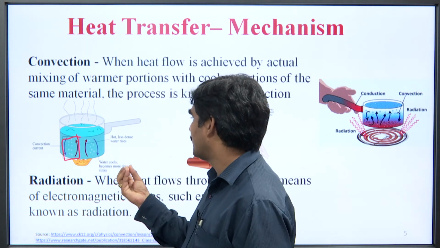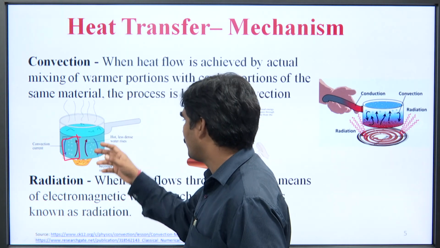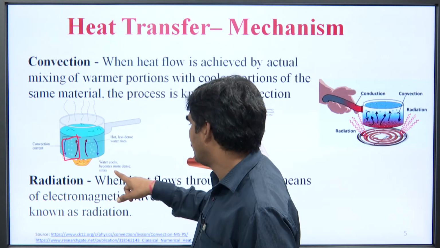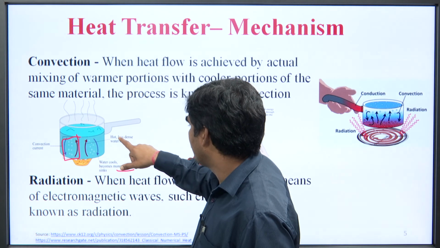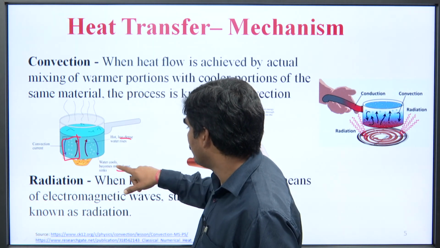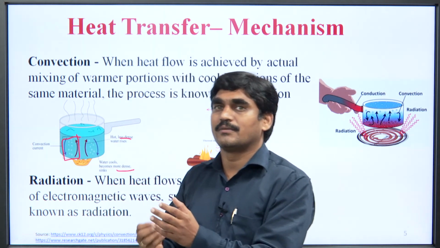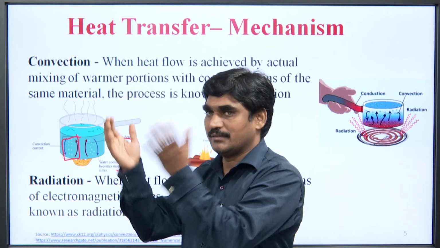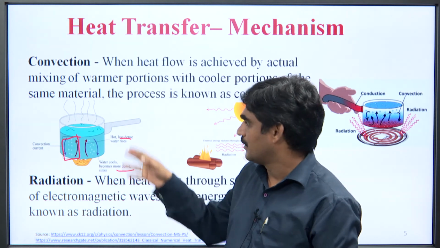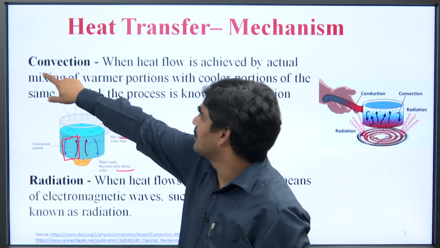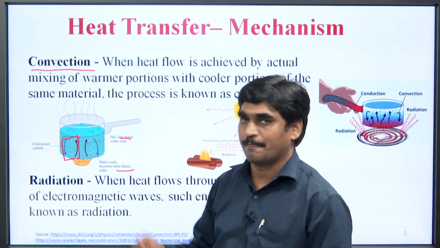When the liquid is hot it becomes less dense, and when it is cool it becomes more dense. So, the cooler one comes down, the hotter one goes to the upper side. Likewise, this cycle continues, and this process of heat transfer is called convection.